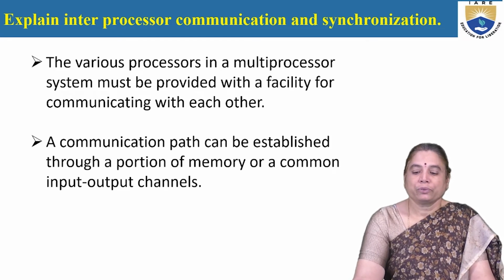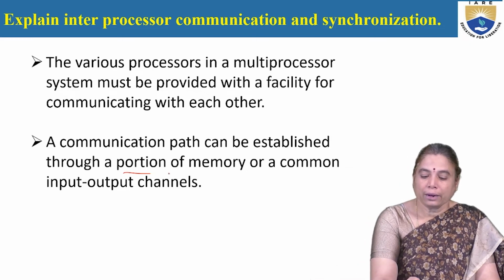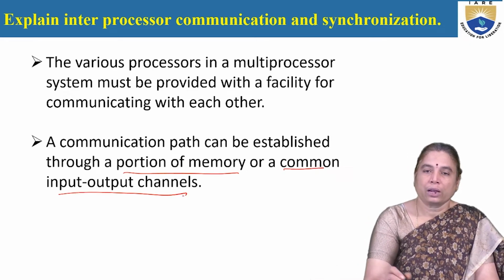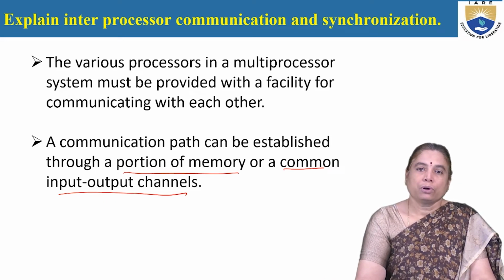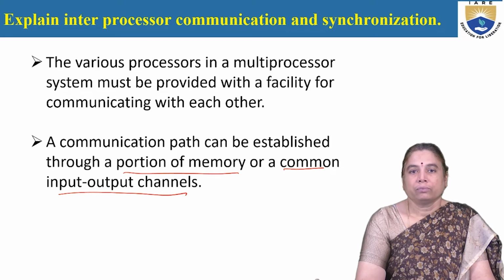The various processes in a multiprocessor system must be provided with a facility for communicating with each other. The communication path can be established by giving a portion of the memory or a common input-output channel. So, a bus has to be established to connect the processor with the memory.